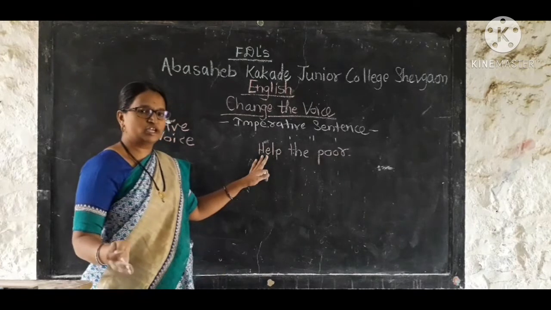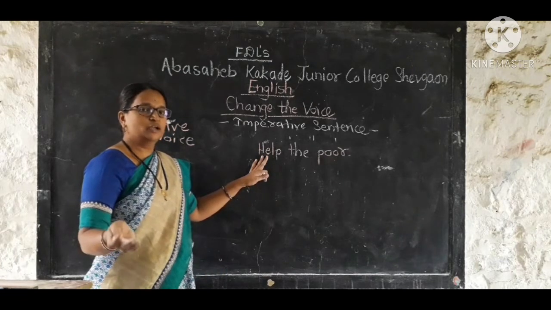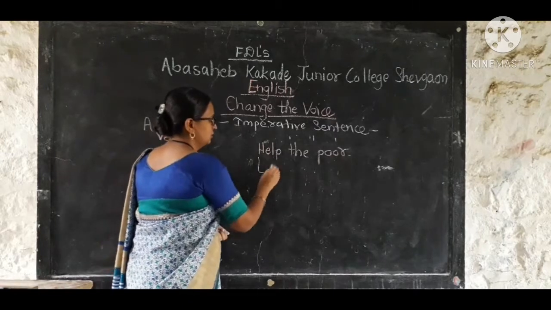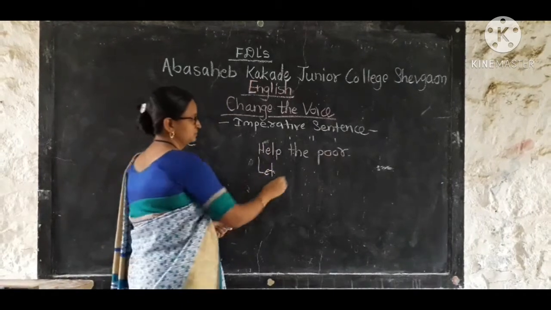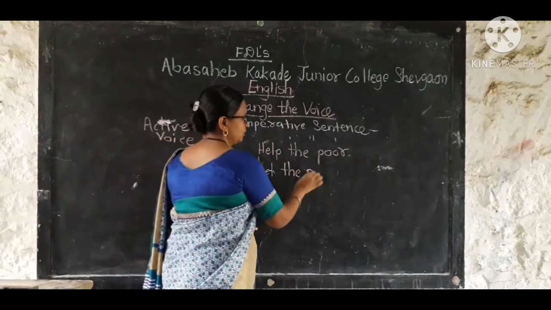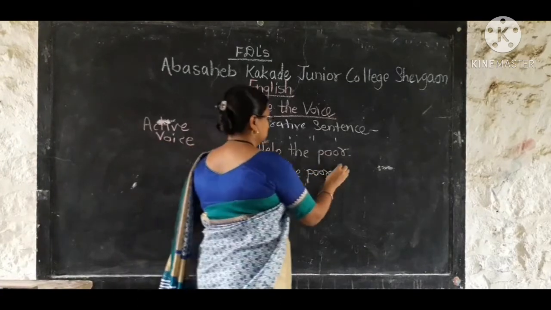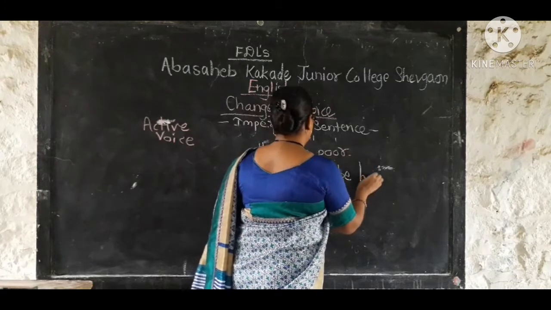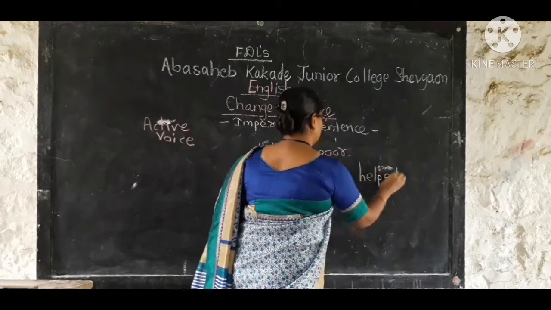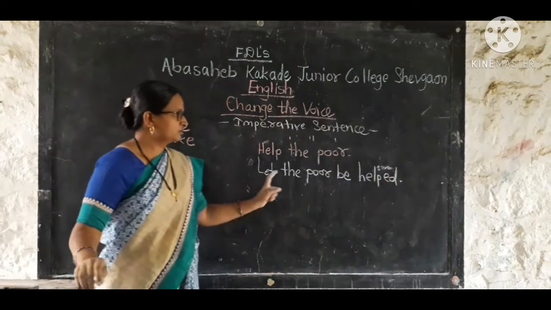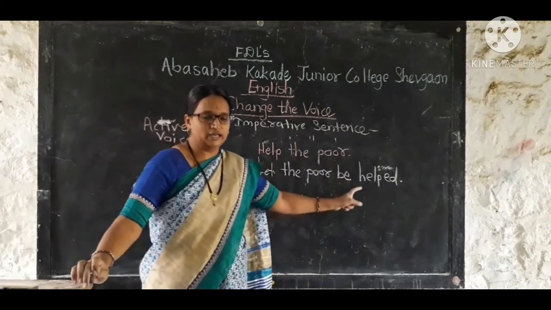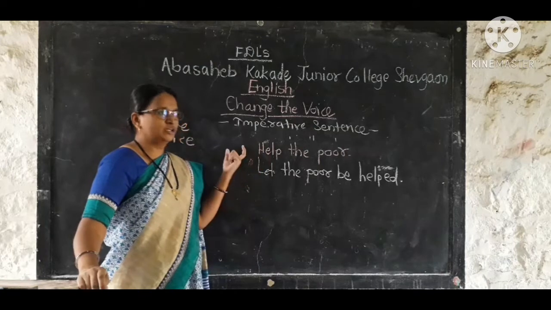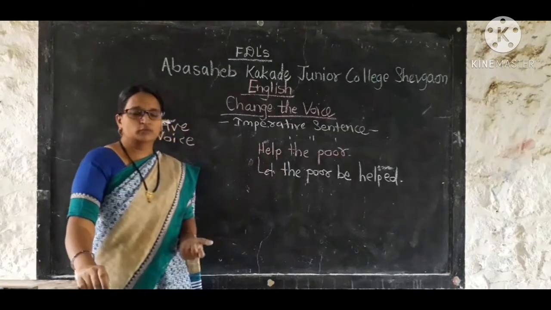Now we have to change this imperative sentence into passive voice. So we begin our sentence with let. Let the poor be helped. This is the passive voice of imperative sentence, help the poor.